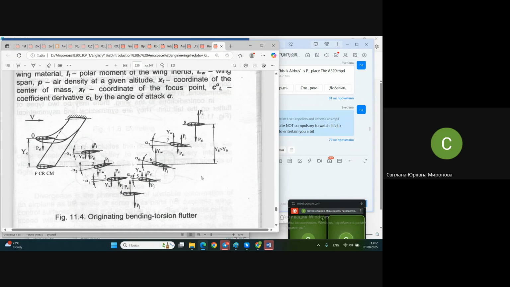The new word for you, no, not completely new. We have already talked about how we select cross sections of substructural elements. On one hand, we are striving to concentrate all the mass, let's say, in the places with maximum loads in order to save weight, so that the most loaded places work more than unloaded places.